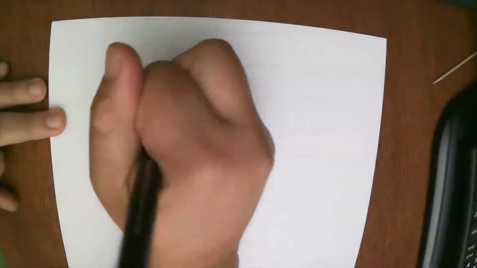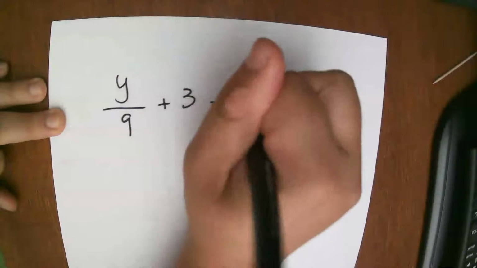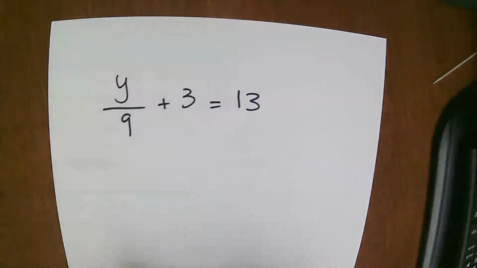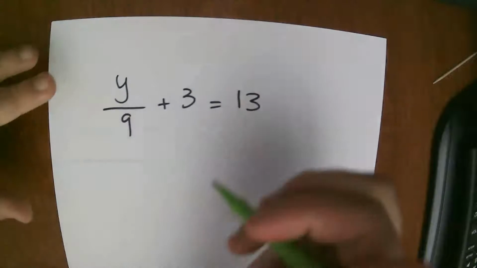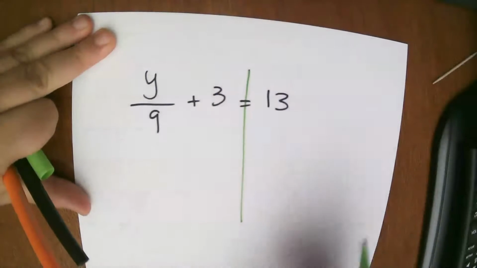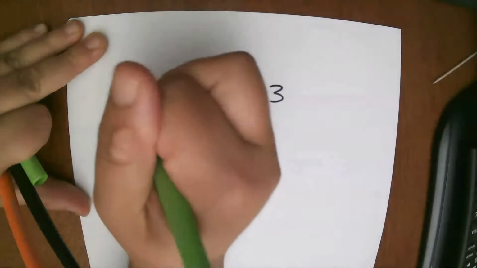Let's look at another example here. We have y divided by 9 plus 3 equals 13. All right. So, step 1, draw the wall.